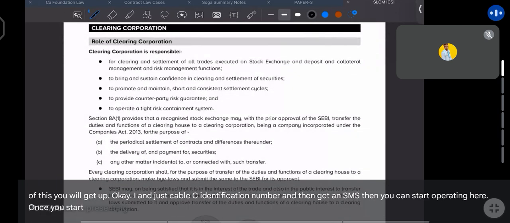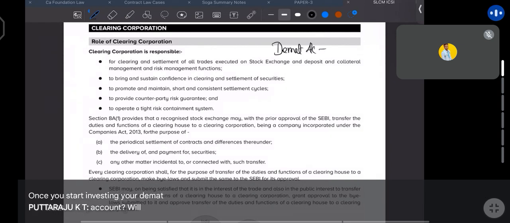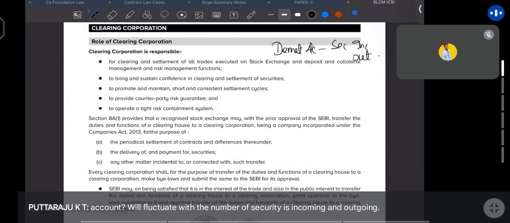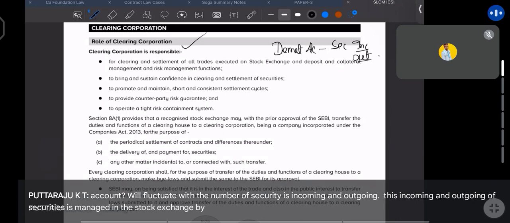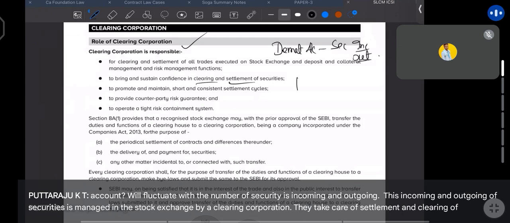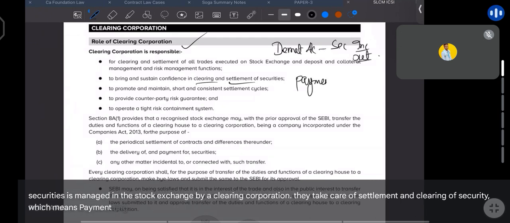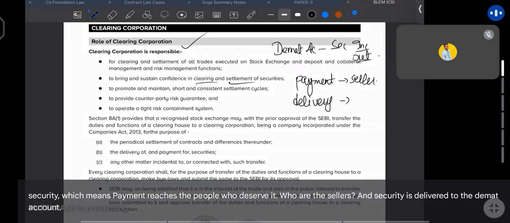Once you start investing, your demat account will fluctuate with the number of securities incoming and outgoing. This incoming and outgoing of securities is managed in the stock exchange by a clearing corporation. They take care of settlement and clearing of securities, which means payment reaches the people who deserve it, who are the sellers, and the security is delivered to the demat account of the people who are buying the security, who are the buyers.